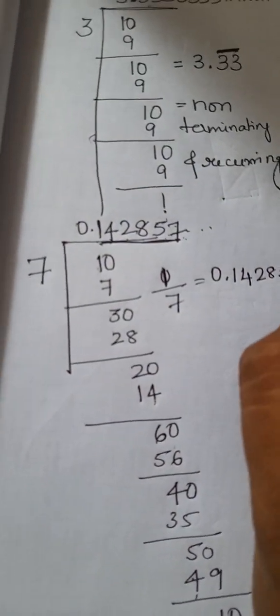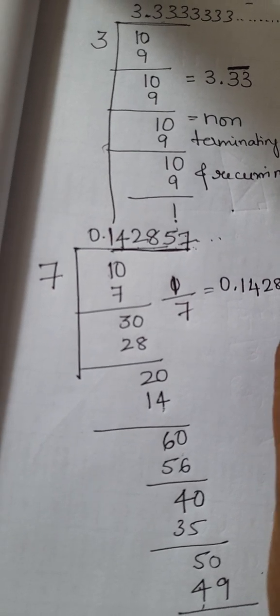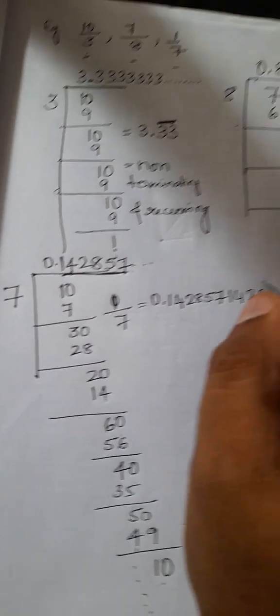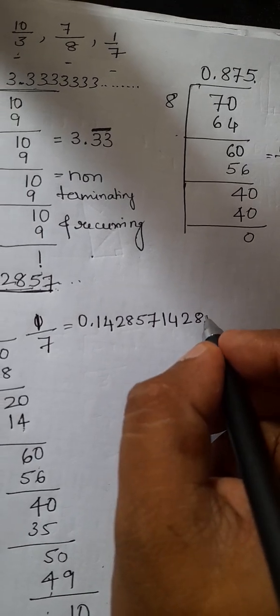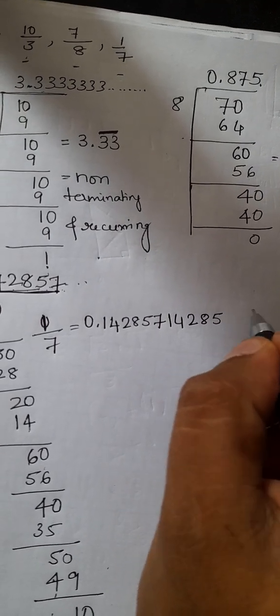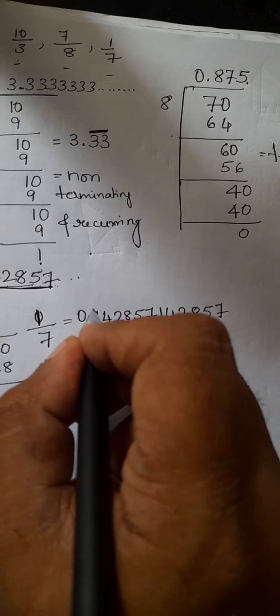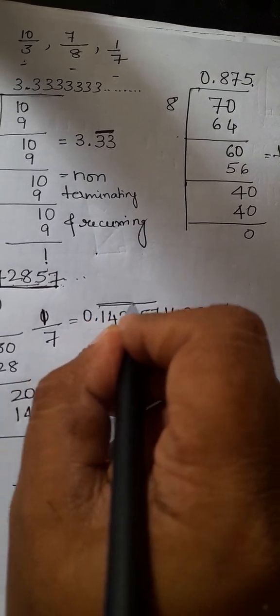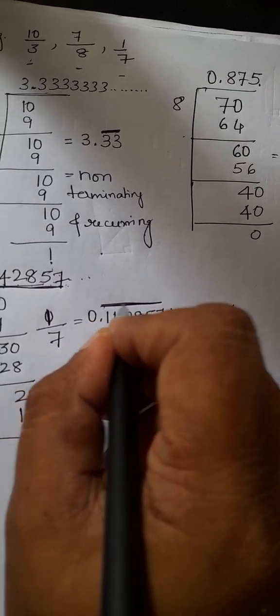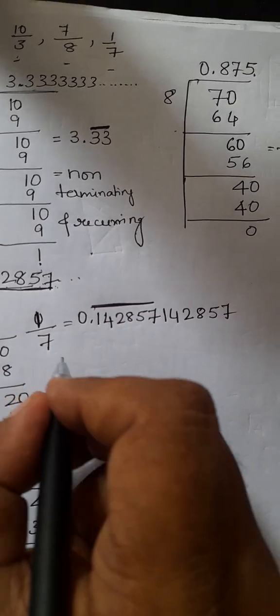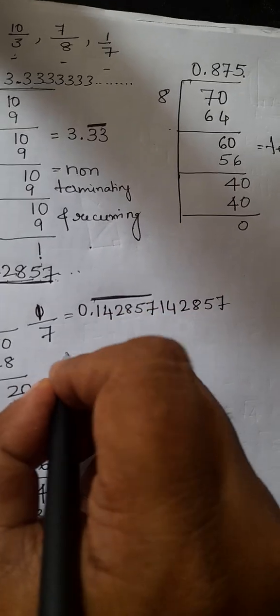So again I will get 2857. So this is a bunch which is repeating. The whole number is repeating. That is why it is non-terminating.